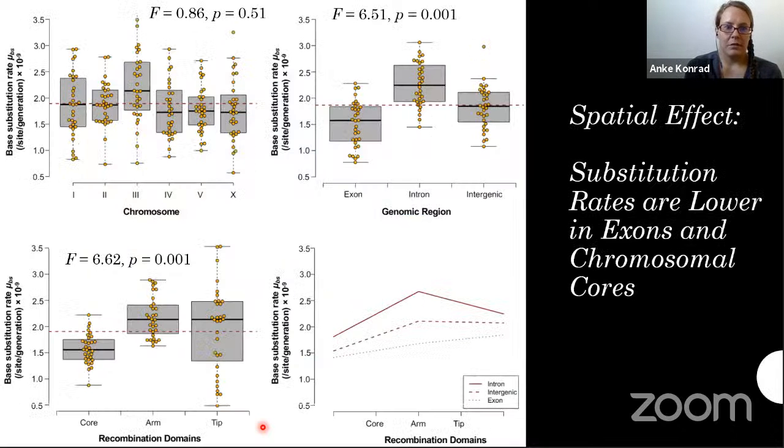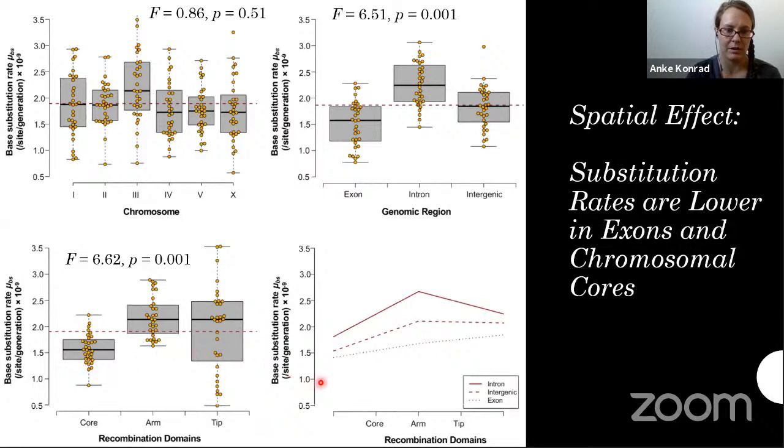And the only differences we could really tell, and this is across population sizes, so there's no real difference between population sizes, is that on average, the substitution rates are lower in the exons than in introns and intergenic regions. And the substitution rates are lower in the chromosomal cores than they are in the arms or tips.